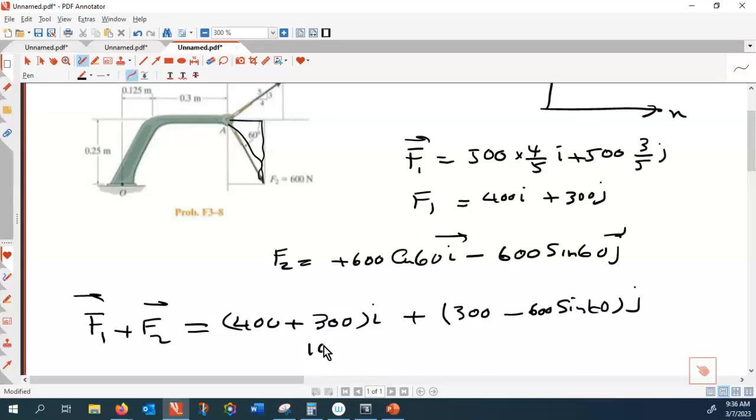That is 100i minus 219.61j. You have to speak louder.